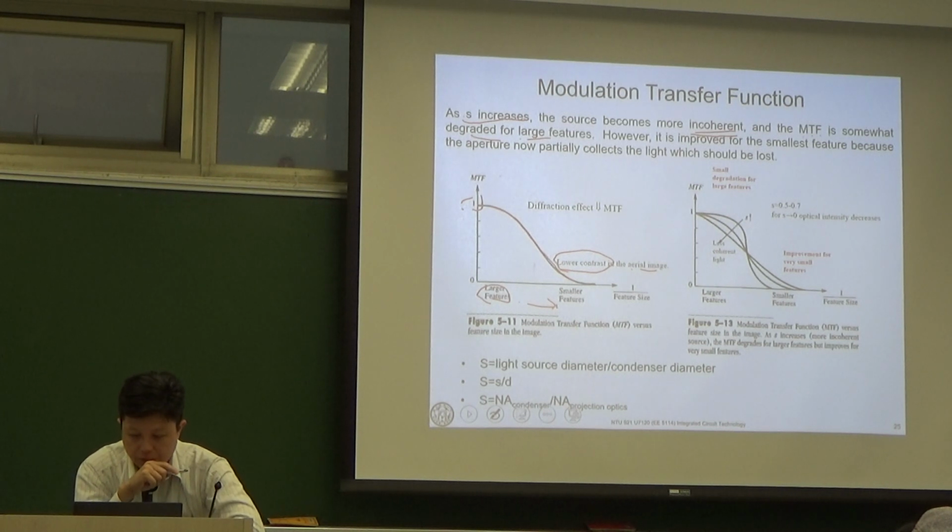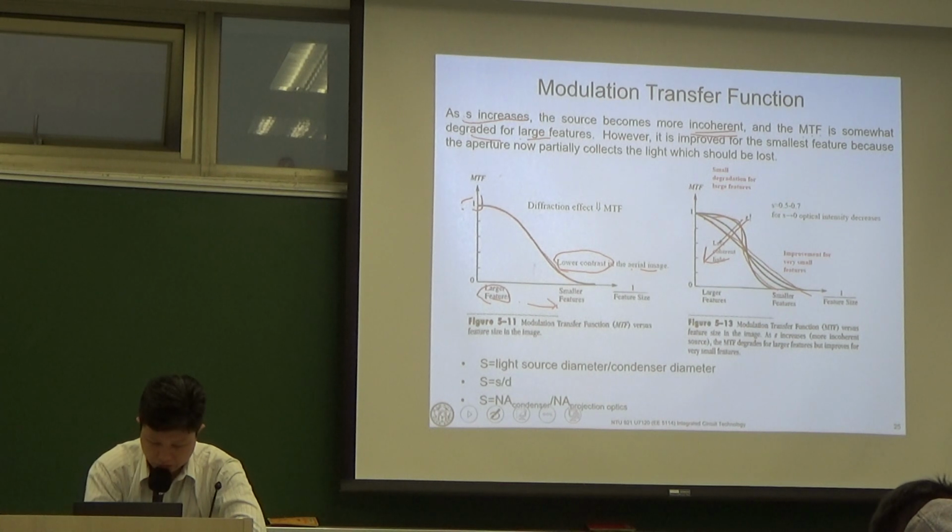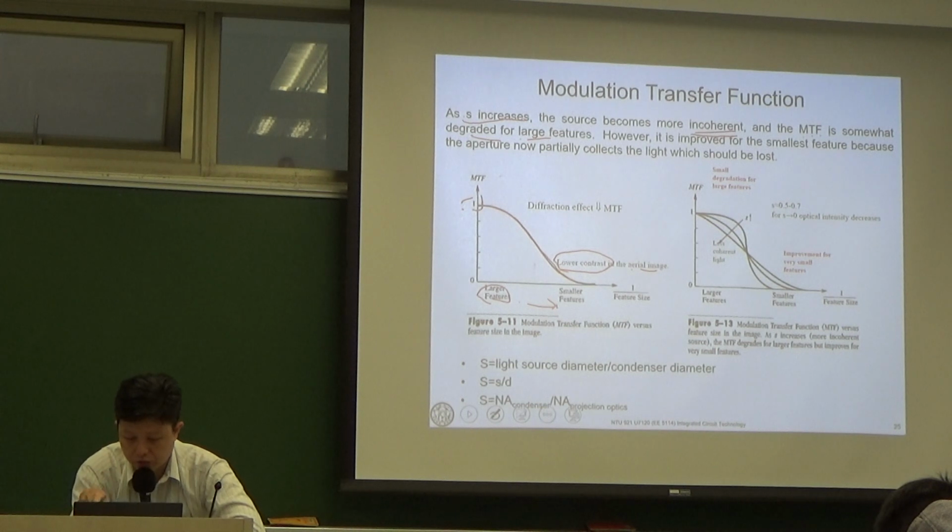So if we increase the S, from this line to this line, which means you have a less coherent light source right now, you will see something interesting happen here.